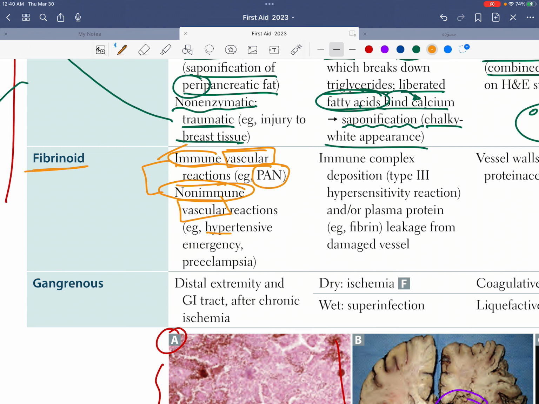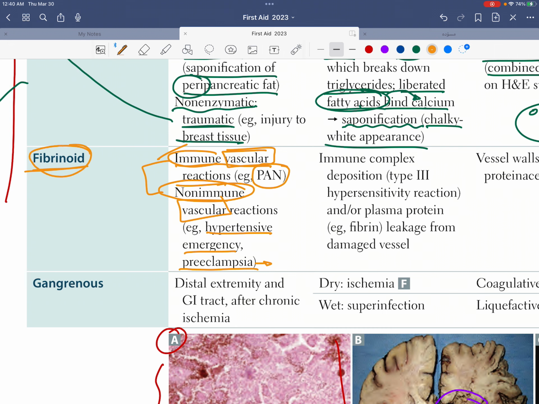So it could be hypertensive emergency or preeclampsia. That is like a pregnant female having a very high blood pressure and some other symptoms. That is really bad, and it should not get to be eclampsia because that's really bad.